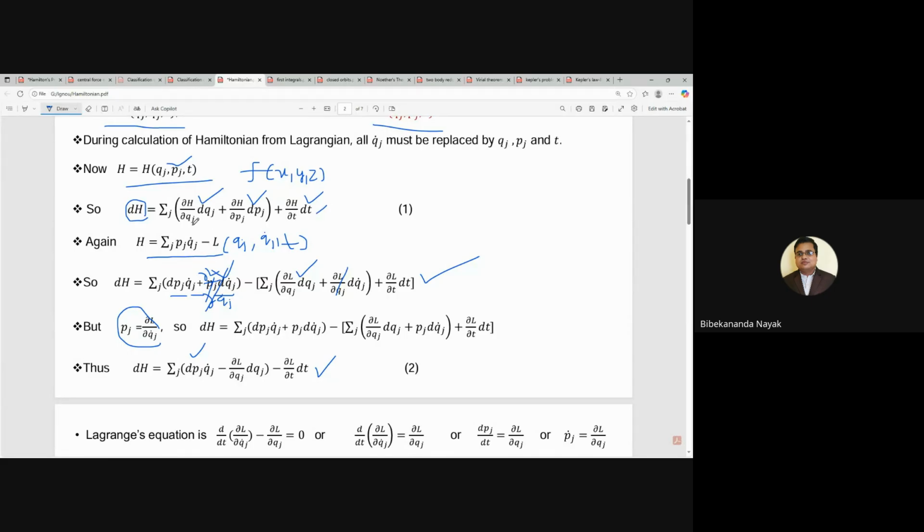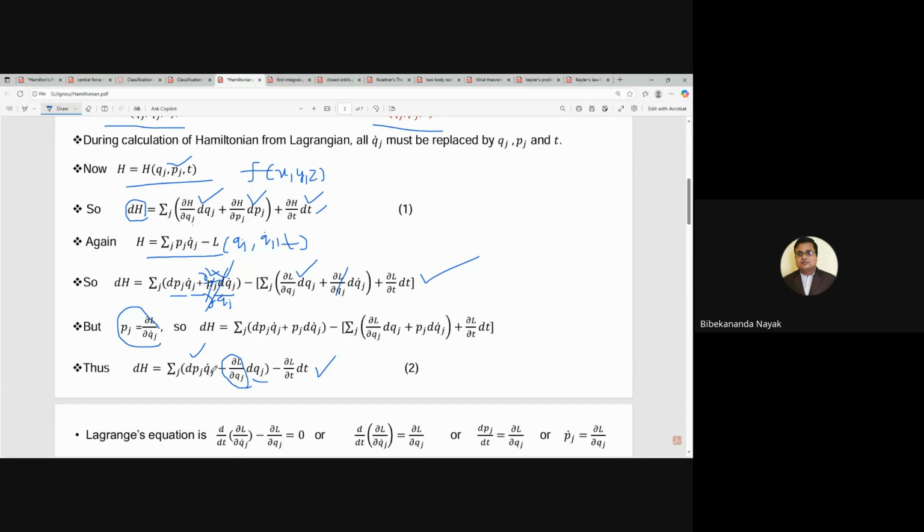We found del H by del Qj into dQj here, but there dQj is multiplied by minus del L by del Qj. So minus del L by del Qj is equal to del H by del Qj.